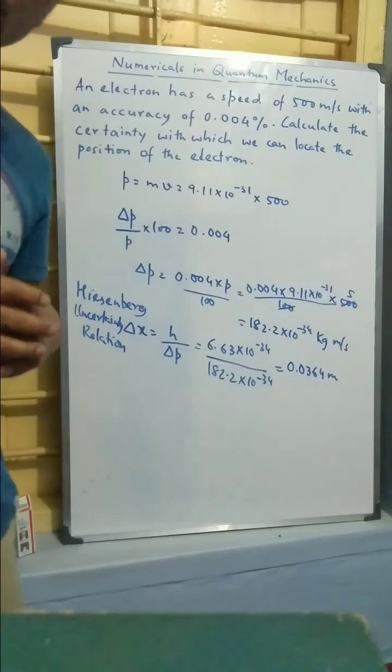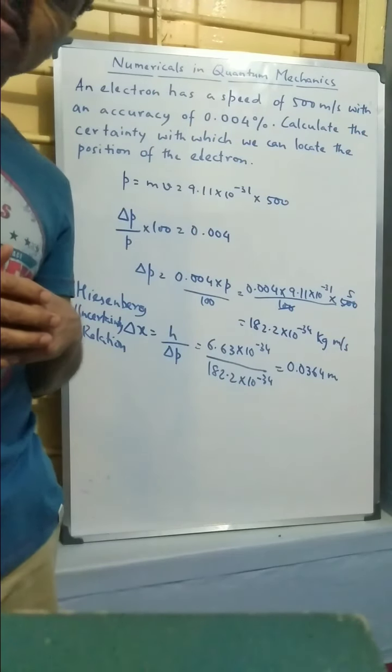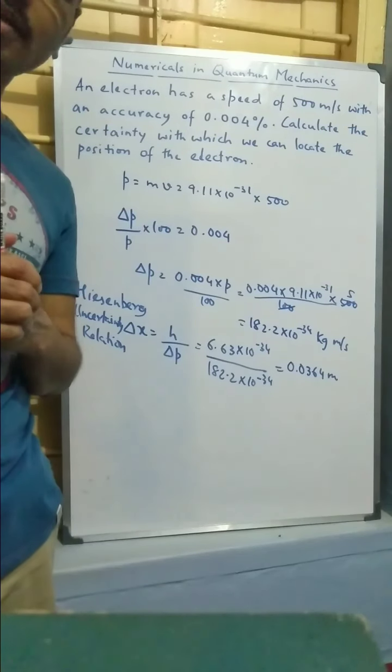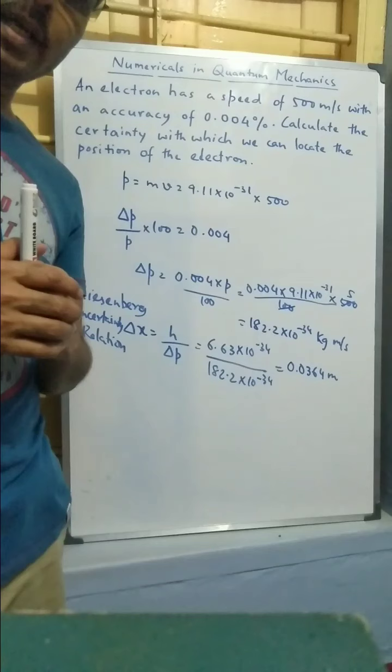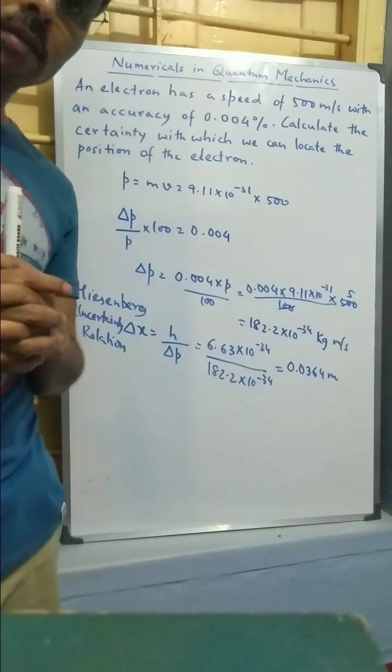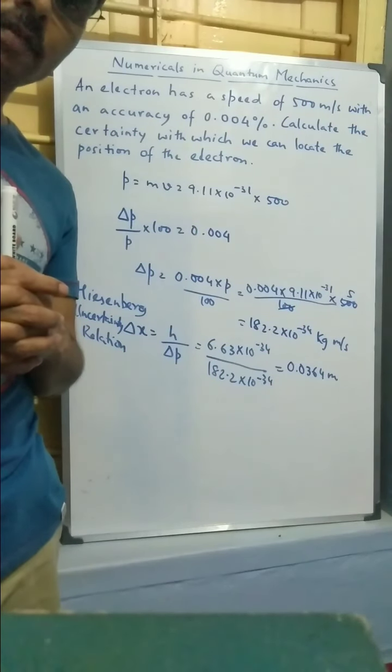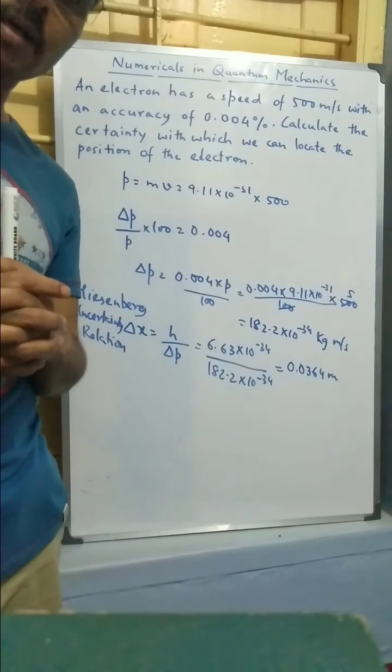I would like to request you all to do certain problems on quantum mechanics which are given at the end of the third chapter of Arthur Beiser's Concepts of Modern Physics, Wave Properties of Particles.